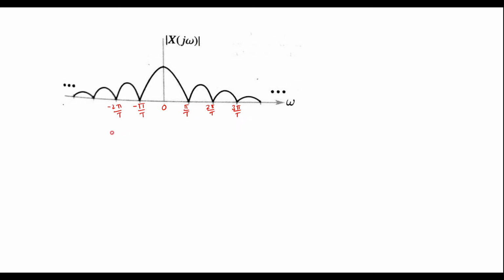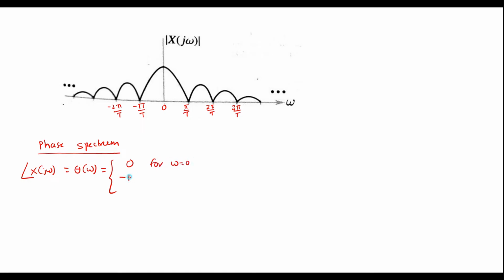Now let me draw the phase spectrum. In this expression we can see that there is no j term. So for the main lobe, the value of the phase spectrum will be 0, that is angle of X(jω), theta of ω, is equal to 0 for ω equal to 0.